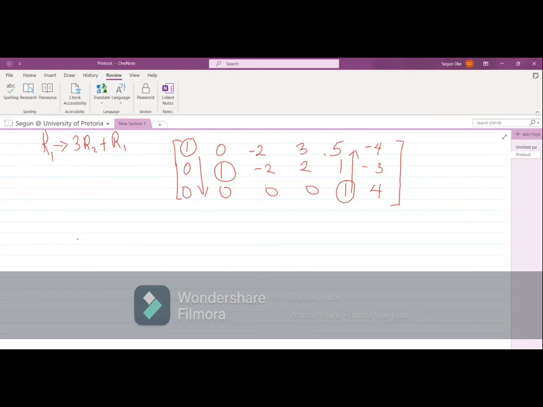First row, R1 is equal to R1 minus R1. No, it's not possible. R1 cannot say minus R1. Why can't you say 5R3 minus R1? Or we can say R1 minus 5R3. Is it okay by you? 5R3.